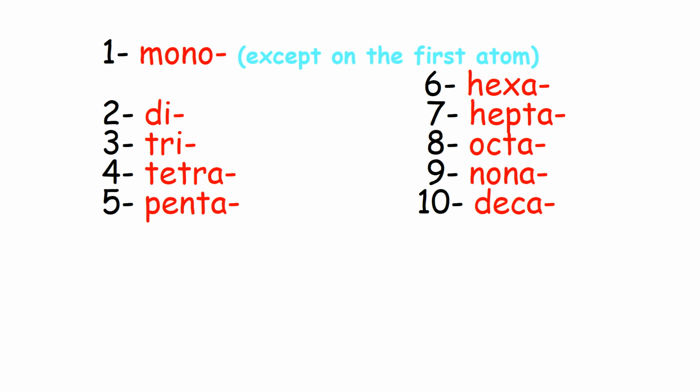All right, so I'm going to revisit my Greek prefix number list again, just real briefly, because I want to make sure I make this distinction. So we'll use prefixes on the names when we do this. The mono we don't put on the very first atom because just by nature of saying the name, we know we have at least one.